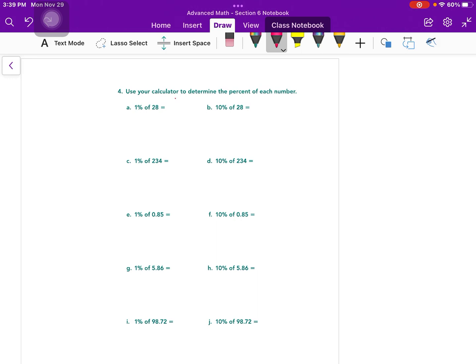Use your calculator to determine the percent of each number. Remember, to find a percent of a number, you first want to take the percent, 1%, and change it into a decimal, 0.01. And then on your calculator, you could type in 0.01 times 28.